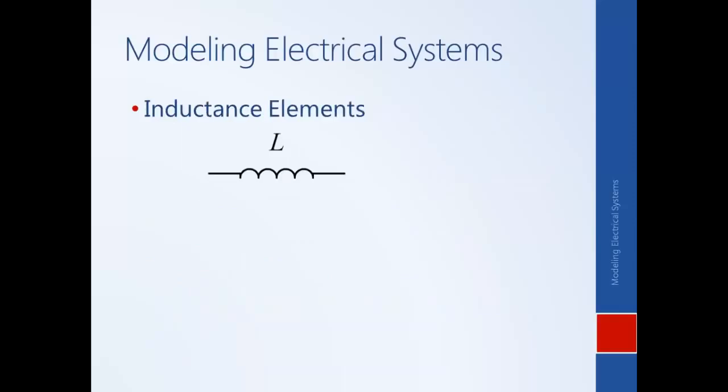Our final element that we will consider are inductance elements, or inductors. Again, just as the symbol for a capacitor represented its mechanical construction, the symbol for an inductor also represents its mechanical construction, or at least in its simplest form. This symbol represents a coil of wire.